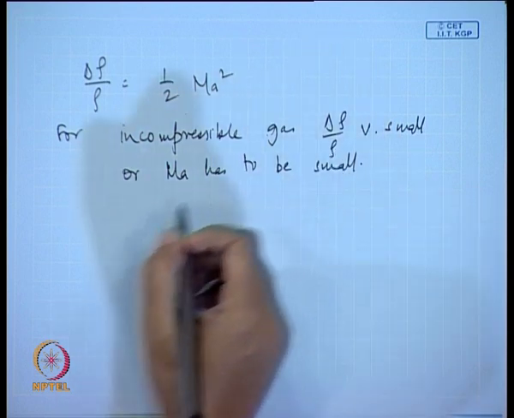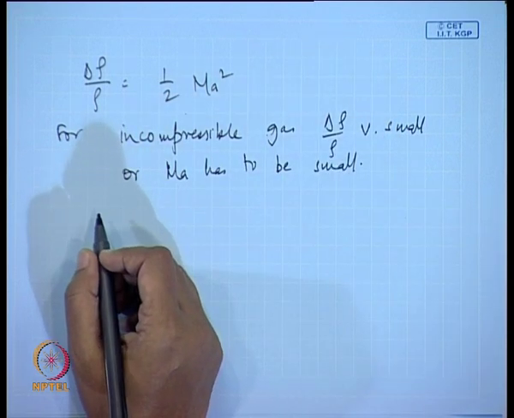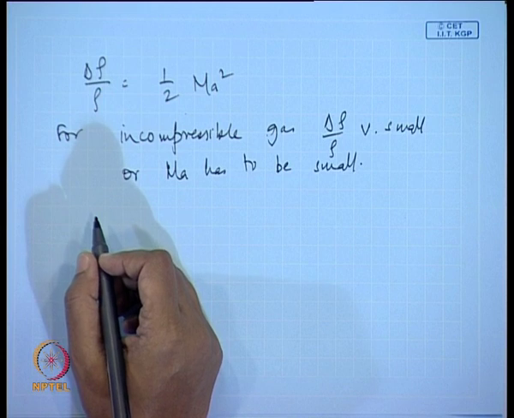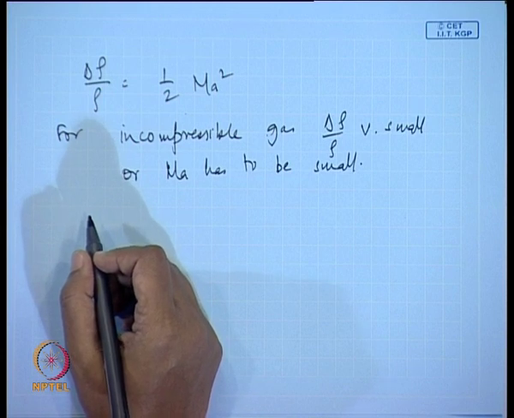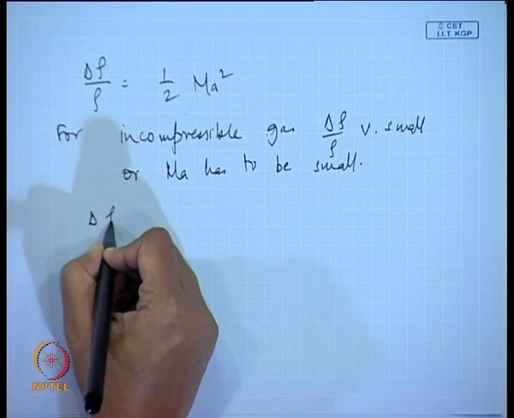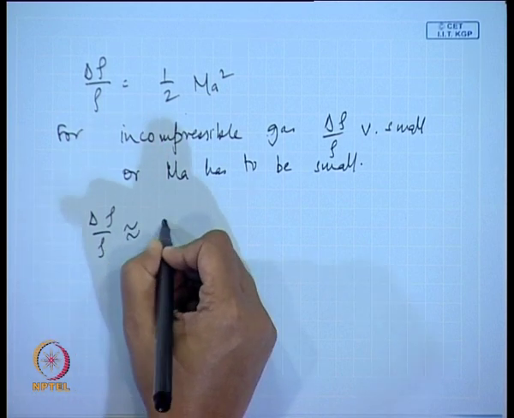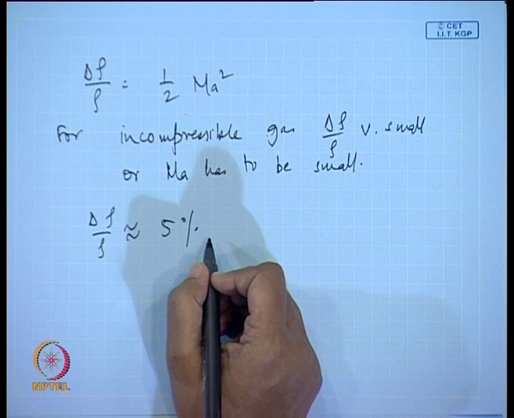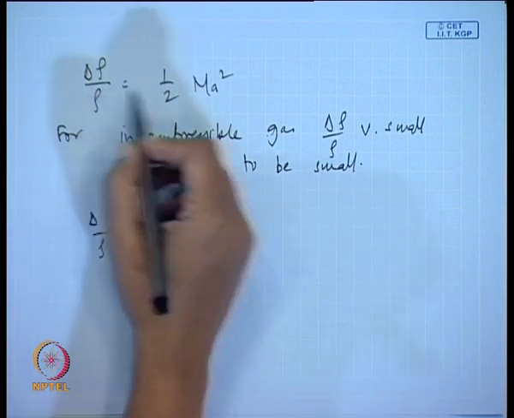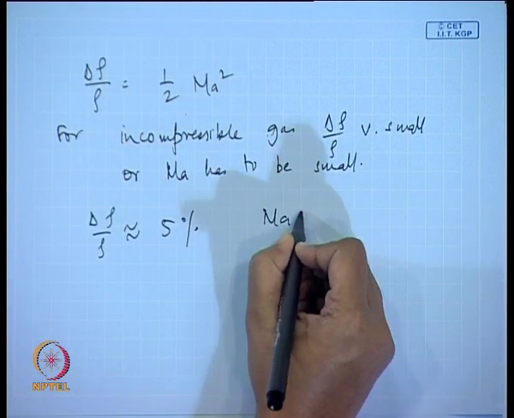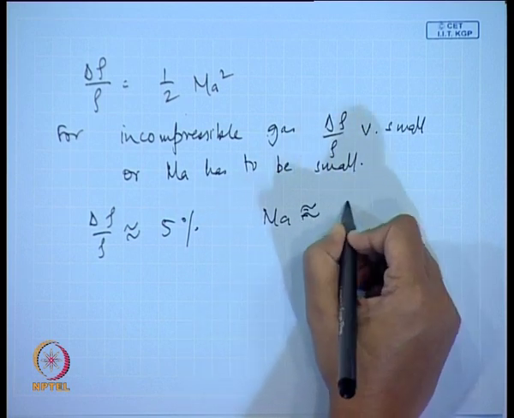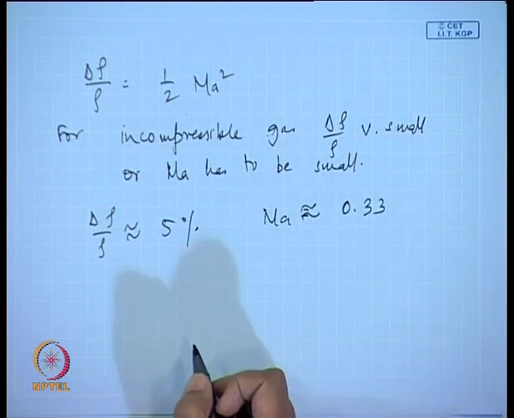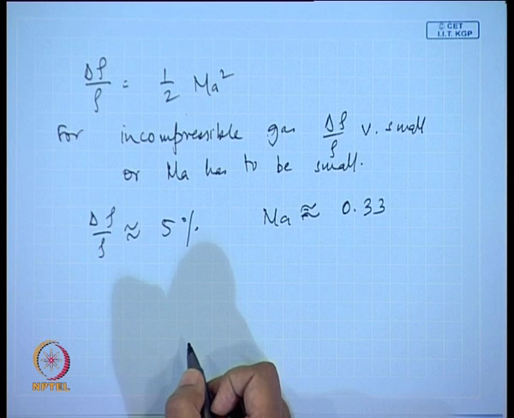Now, we know one thing, that if we allow a 5% change of delta rho by rho, and if you substitute it here, then your Ma is almost equal to 0.33, agreed.